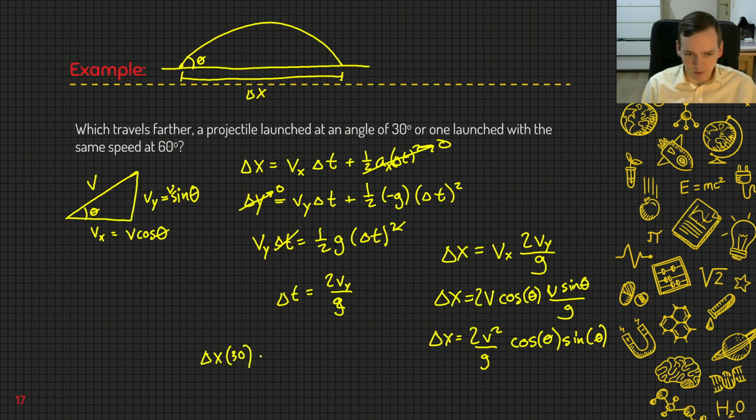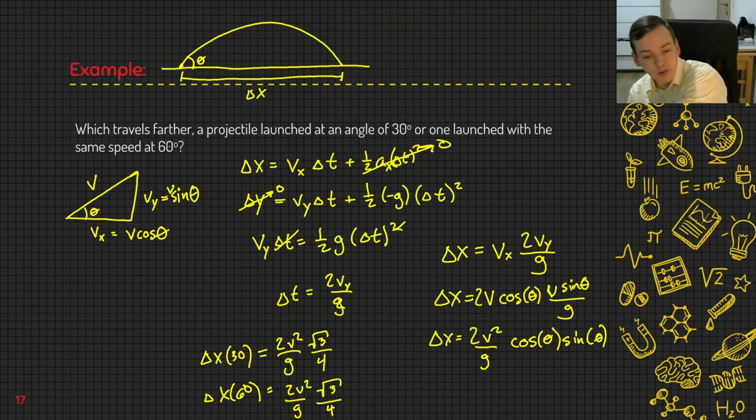So delta x for 30 degrees is equal to 2 v squared over g times square root 3 over 4. Delta x for 60 degrees is equal to, like I said, I'm pretty sure this is the same, but I'm a little tired, so I want to make sure. And yes, it is in fact the same: 2 v squared over g times square root 3 over 4.